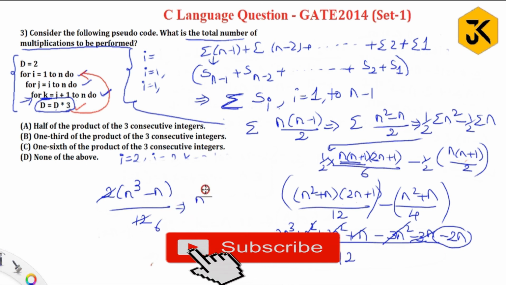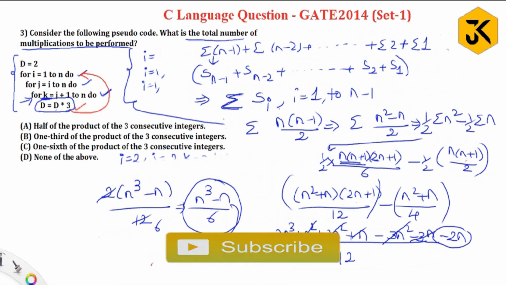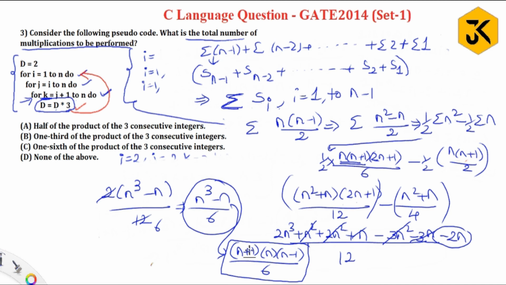So you will get n cube minus n by 6. This n cube minus n by 6 you can write like n plus 1 into n minus 1 by 6. If you want, you can perform multiplication. So this is our final result.